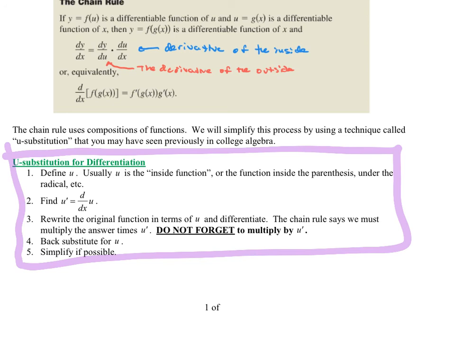The chain rule says we must multiply the answer times u prime. Do not forget to multiply by u prime. That's the number one mistake: forgetting to multiply by the inside. Then back substitute for u and simplify if possible. So let's see some examples of this.